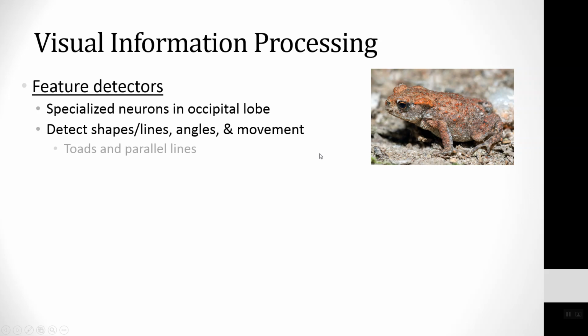Okay, so for instance, there's a classic study with toads that was done by Ewert and his colleagues. Toads tended to respond to certain kinds of lines. What they were able to do is detect when toads were stimulated in the brain, in particular areas where these feature detectors were.